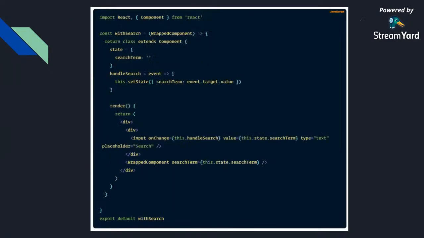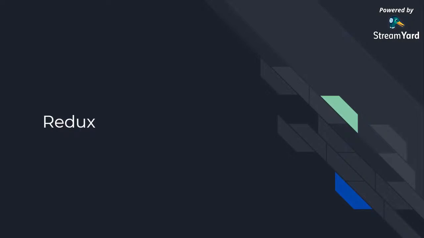Okay. So we are moving on from the higher order component, and we are entering into a world of Redux. Redux is another, we can say, a little more advanced concept of React.js. In this presentation, we are just going through the basics of it. I suggest after this presentation, you should go to the reactjs.org main website and look into many of the advanced abilities of the higher order component and Redux and hooks that we are going to cover in this presentation as well.